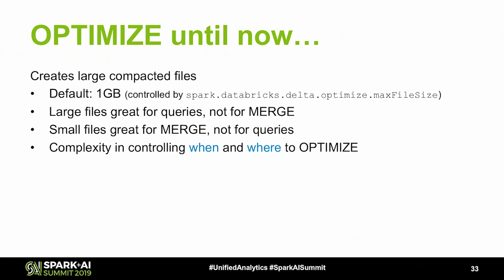The other is a bigger dilemma that data engineers face with CDC and merge, which is that large files are great for queries, but not for merge. And as you saw two slides ago, small files are great for merge, but not for queries. So do we have to deal with this trade-off? Now, as it turns out, Delta allows you to control when and where to optimize.